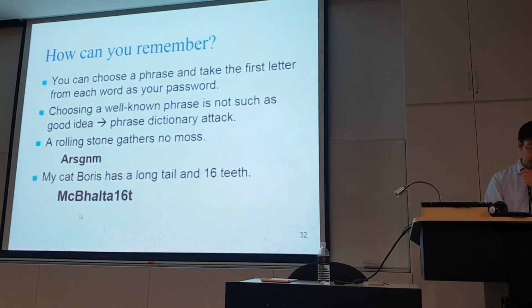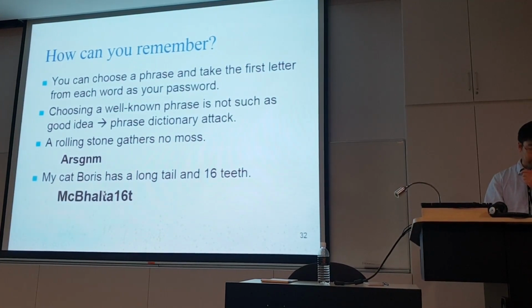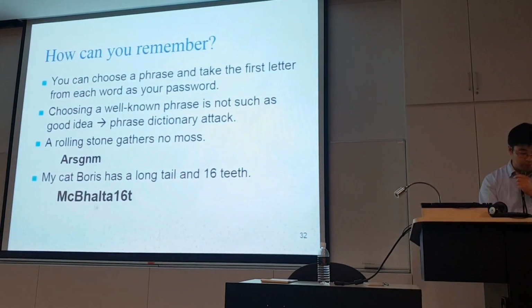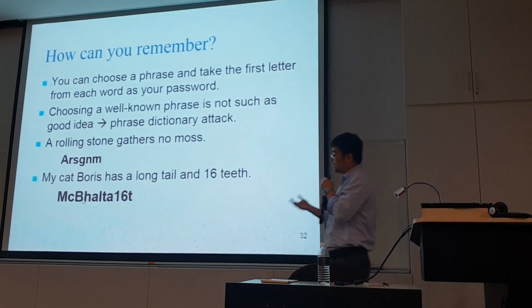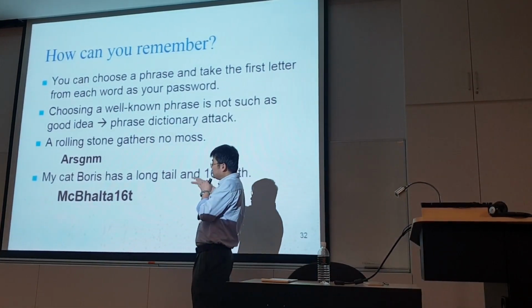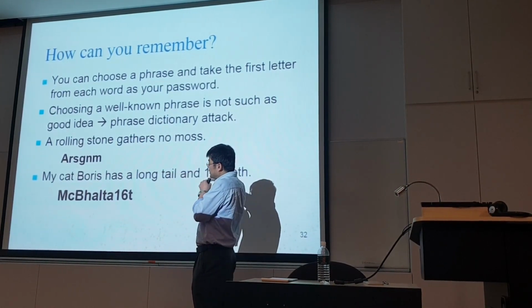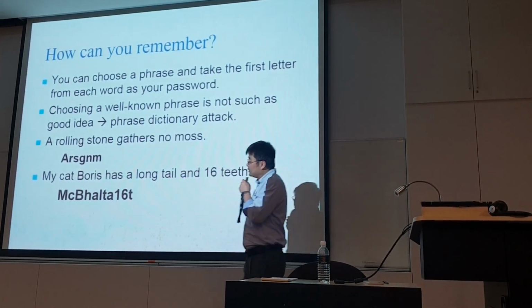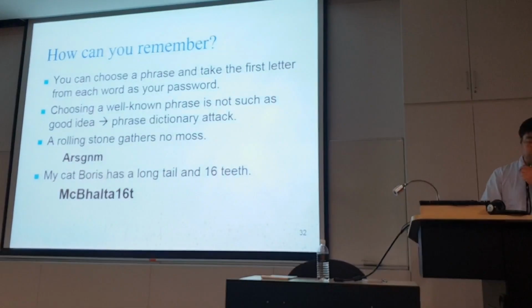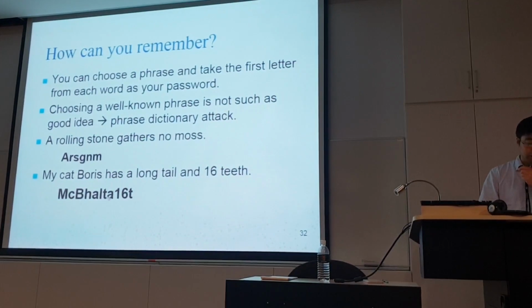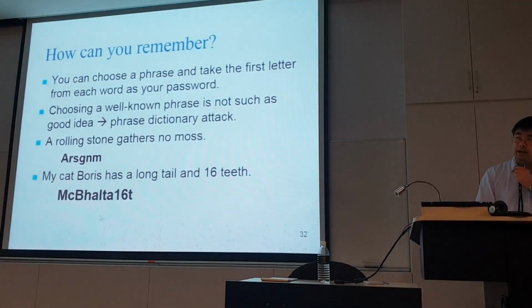For example, you can replace this L by 1, and this B by 8. In this case, you produce a password derived from a passphrase, which is a strong password that satisfies the rules and at the same time has a relatively high entropy.